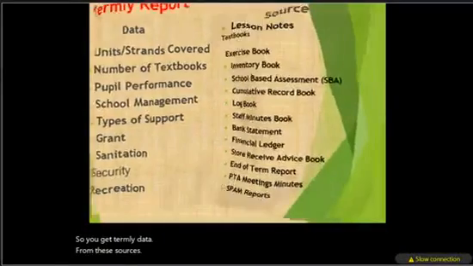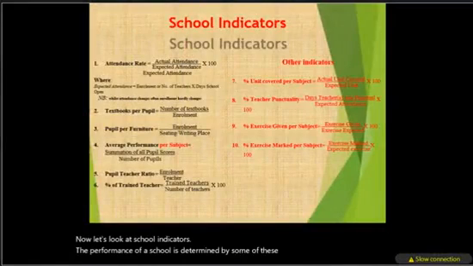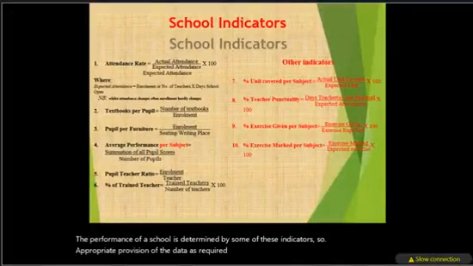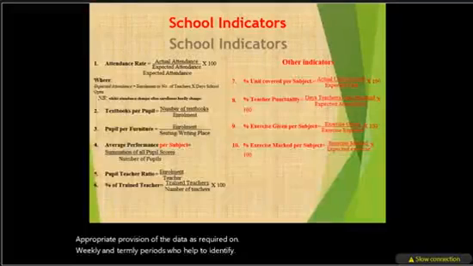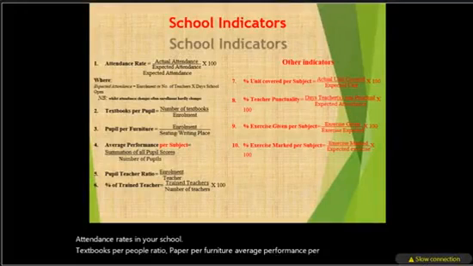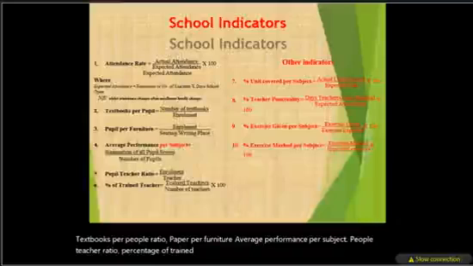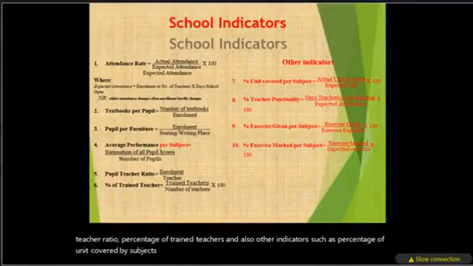Now let's look at school indicators. The performance of a school is determined by some of these indicators. Proper provision of the data as required on weekly and termly periods will help to identify the attendance rates in your school, textbooks per pupil ratio, pupils per furniture, average performance per subject, pupil-teacher ratio, percentage of trained teachers, and also other indicators such as percentage of units covered by subject, percentage of teacher punctuality.